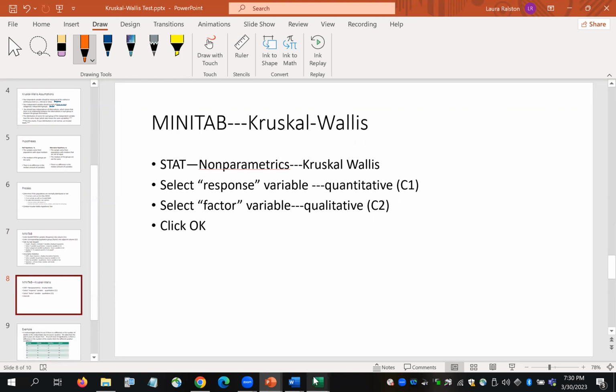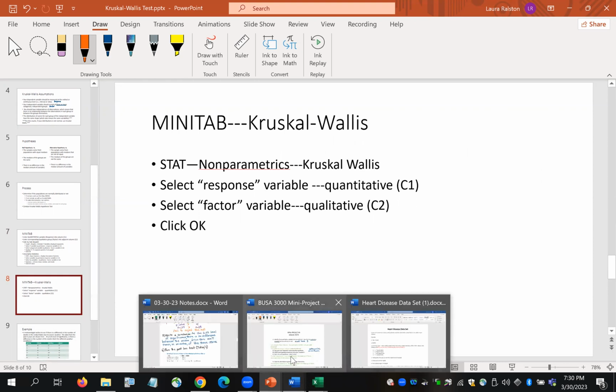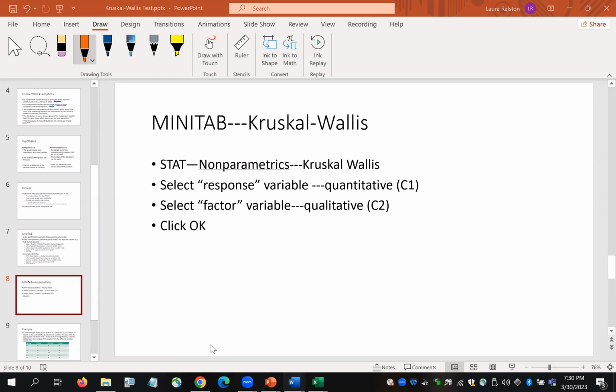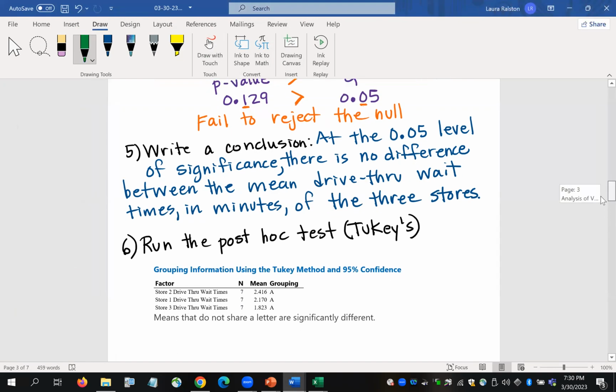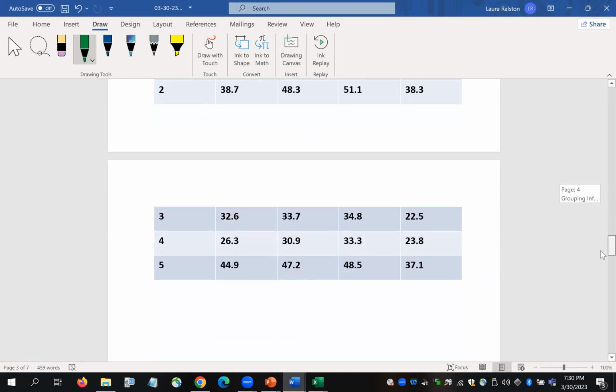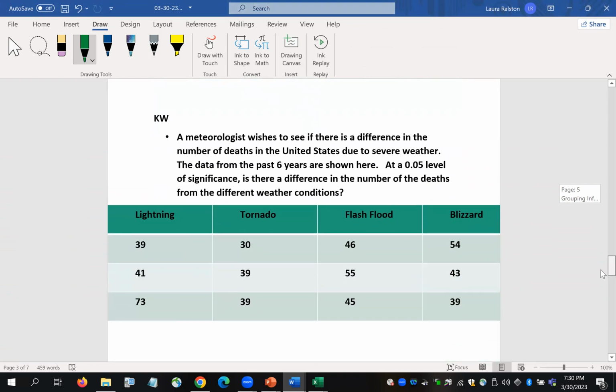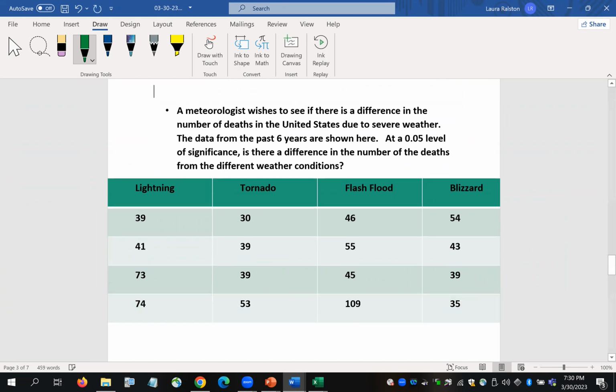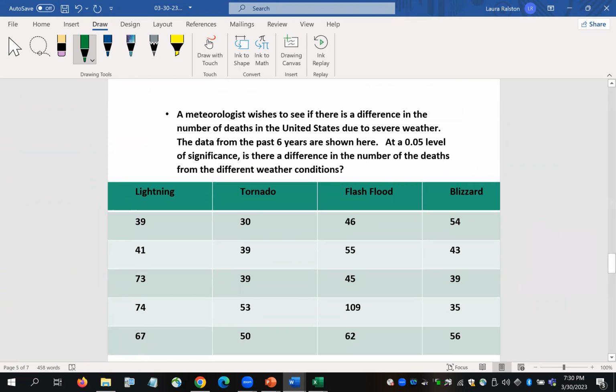And then we have the examples. So I've got 30 minutes, so I want to go over at least one example of Kruskal-Wallis. So here's our question.